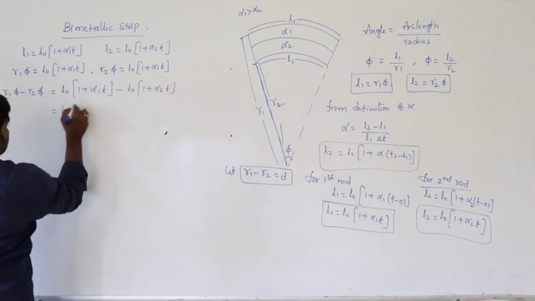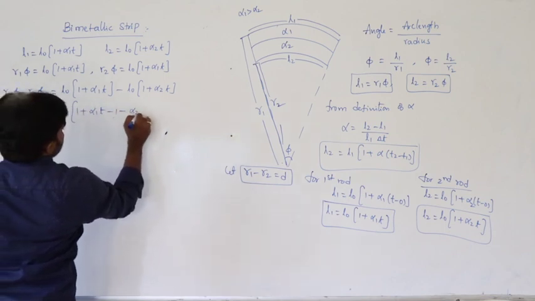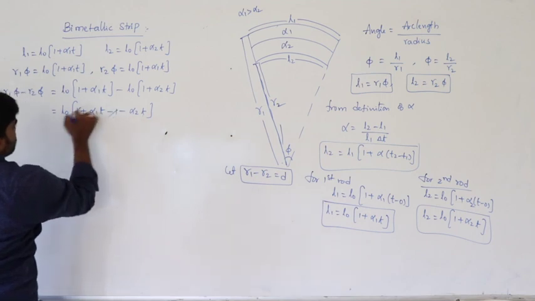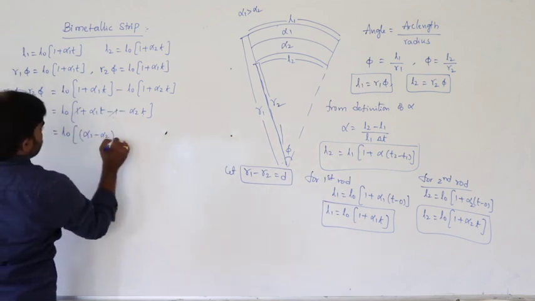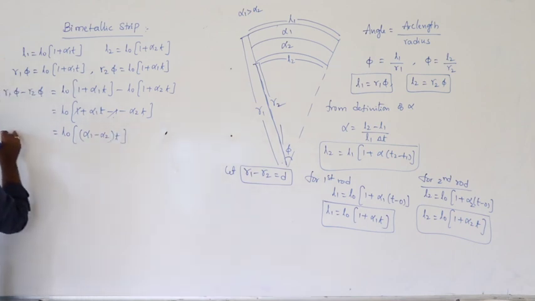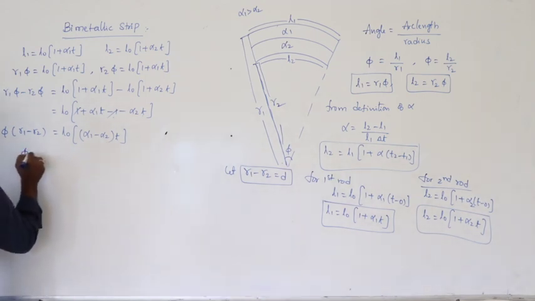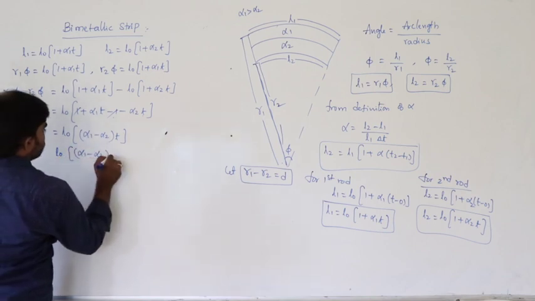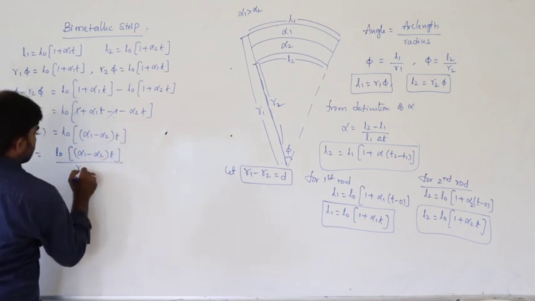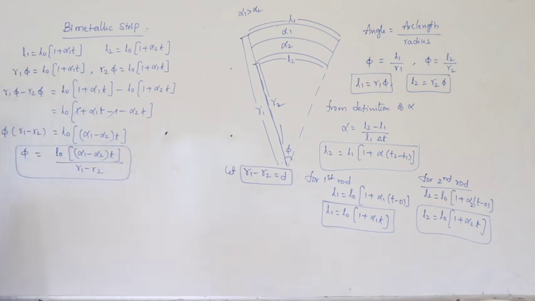So, that is equal to L naught common, 1 plus alpha 1 t minus 1 minus alpha 2 t. 1 minus 1 gets cancelled, leaving L naught into alpha 1 minus alpha 2 into t, that is phi common R1 minus R2. So, from this phi is equal to L naught into alpha 1 minus alpha 2 into t divided by R1 minus R2. This is the angle subtended at the center.